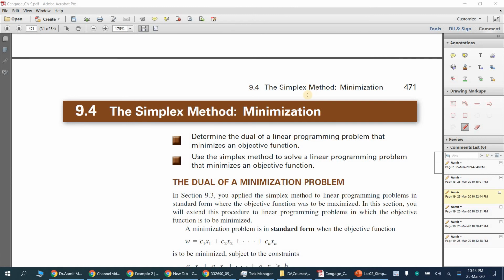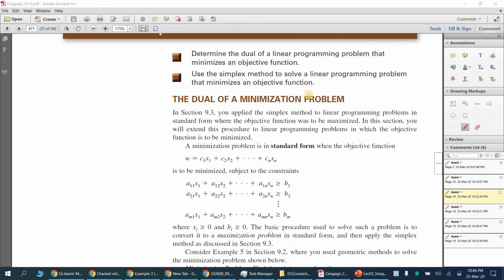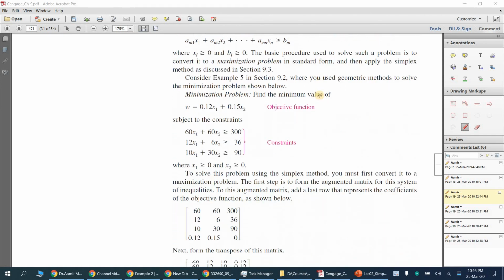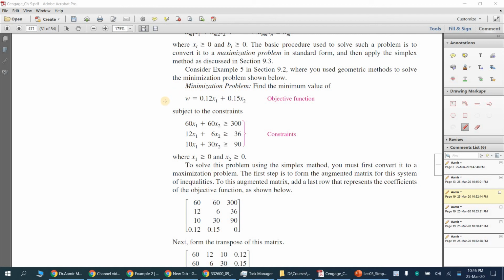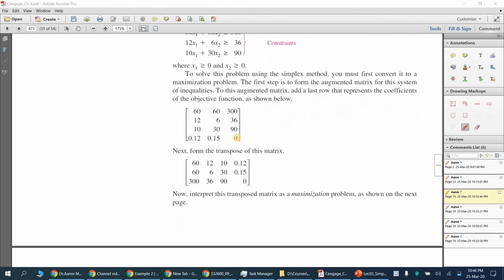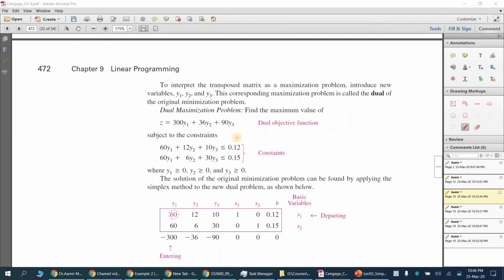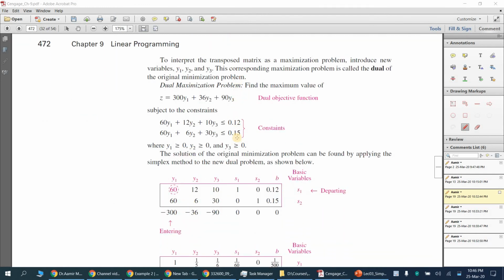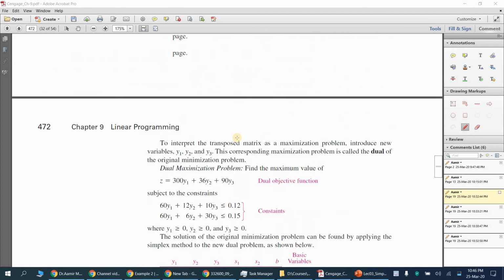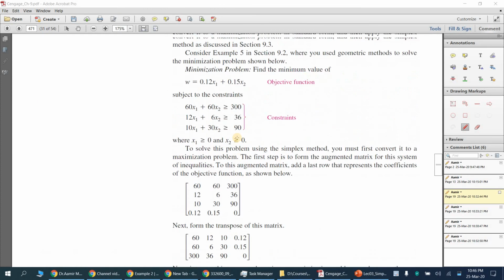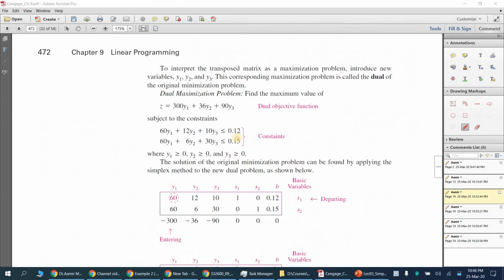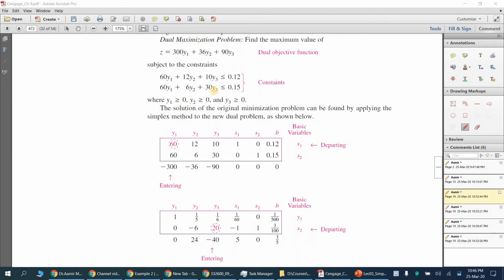Okay. Then comes the minimization. Again, minimization. Many of you ask the problems. We need examples. So minimization examples are given here. You see, you want to minimize this objective function. Constraint is given. So here they are using dual.